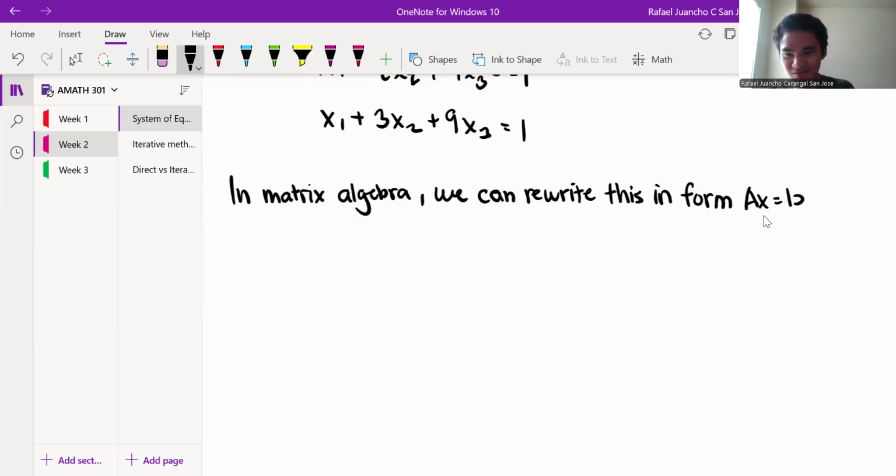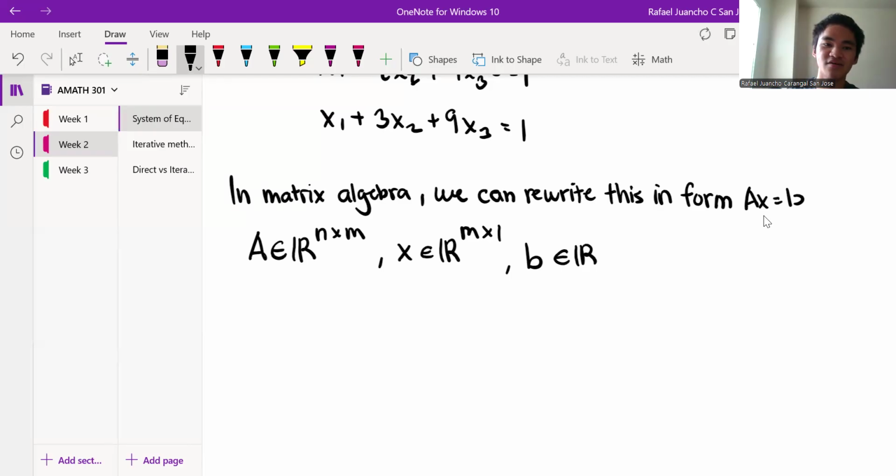Let me dissect what this is. A is a matrix with, let's say, n by m dimensions. x is a vector with dimensions m by 1. And then b, as a result, is a vector.